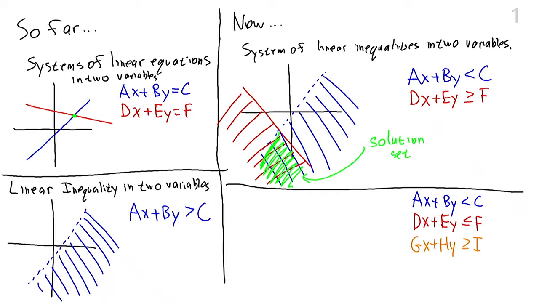Solution sets for these can vary, but sometimes they look like triangles, the intersection of three half planes.